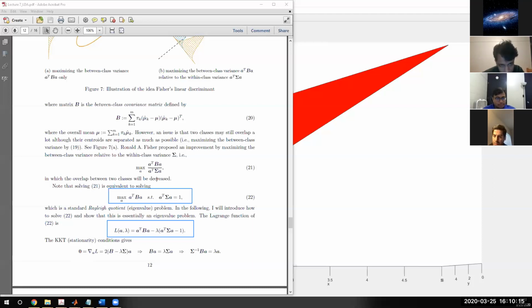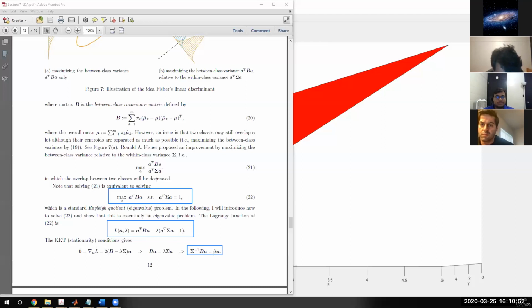So I have 0 equal to, you just do this one, make the gradient with respect to A. What do you have? This gives you 2A, and this gives you 2 lambda sigma A. And this equals 0, super simple. To summarize it, this KKT condition gives me this: sigma inverse B A equal to lambda A. And guys, what are lambda and A here?